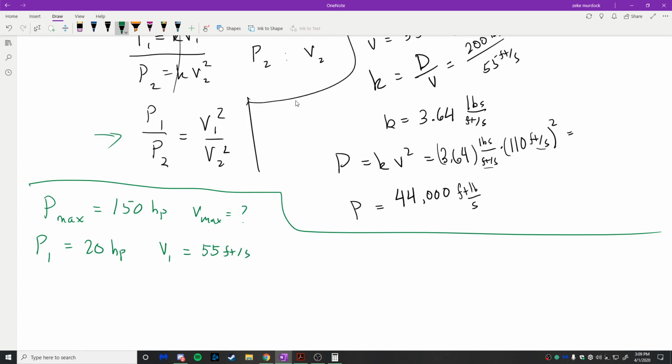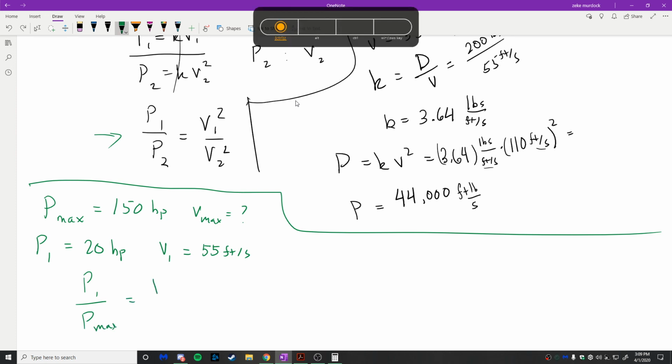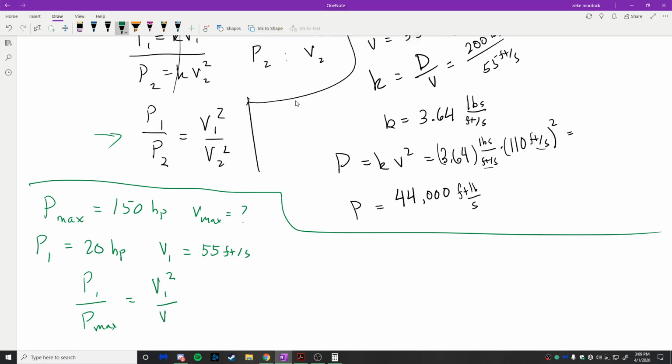Then we make a ratio, just like here. We say P1 over P max is equal to V1 squared over V max. We get an equation that says P max is just equal to P1 multiplied by V1 over V max.